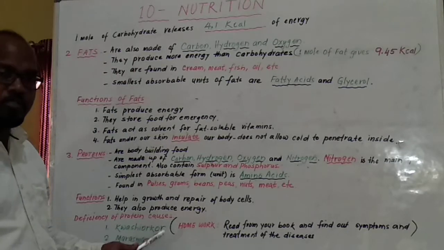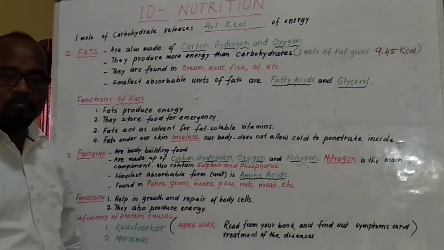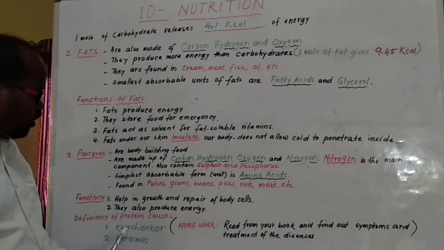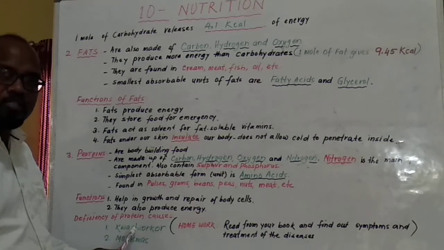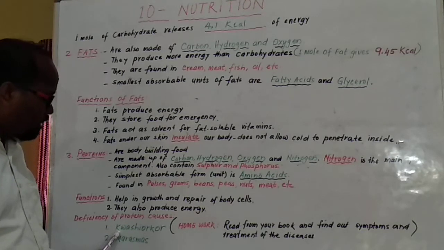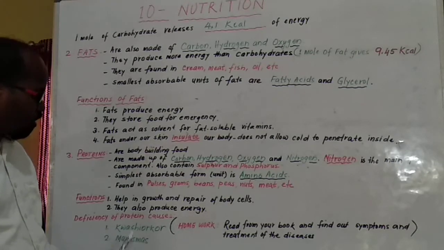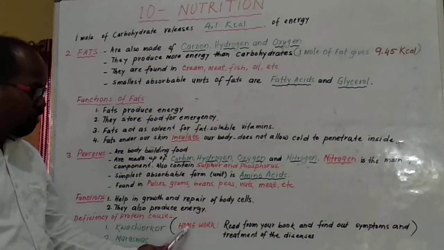Deficiency of protein: when there is lack of protein in our body in childhood, two diseases are caused. Number one is kwashiorkor and marasmus. I have given you homework.